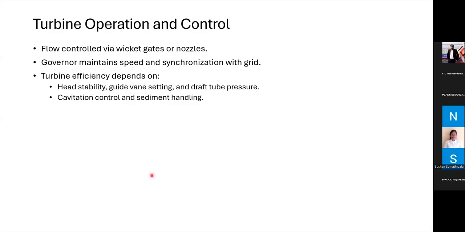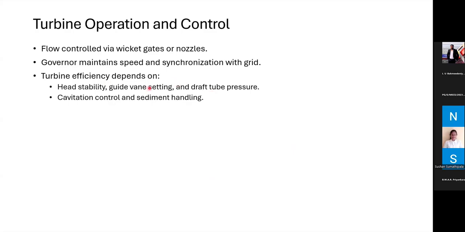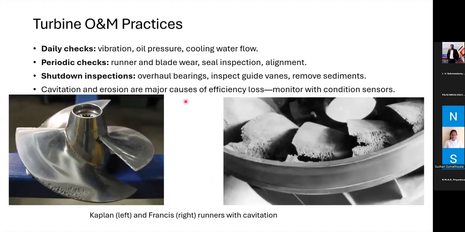Guide vanes are the wicket gates that cover the spiral casing, so based on their settings, the efficiency of the turbine can vary. Cavitation and sediment handling on the turbine could also cause efficiency reduction.